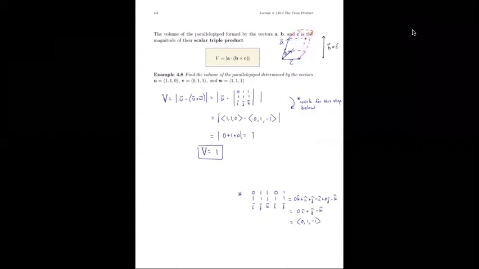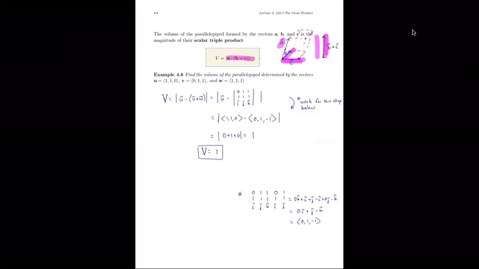Remember that B cross C is a vector perpendicular to the plane containing B and C. So that's a really nice tool. Well, that in fact is going to tell us the height of this situation, or at least the perpendicularity of this vector that's perpendicular to the plane of B and C. So B cross C is this vector here, and if we dot that with the vector A and take the magnitude of it, we'll get the volume of this parallelepiped.